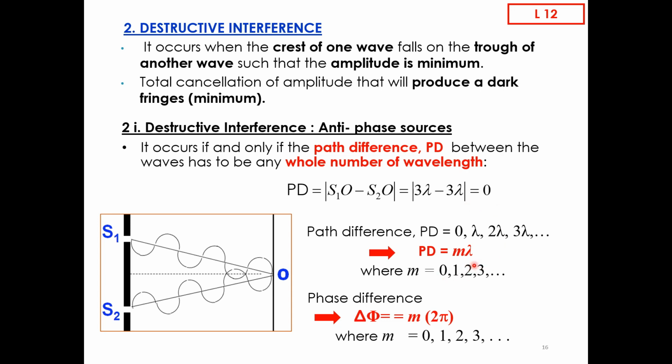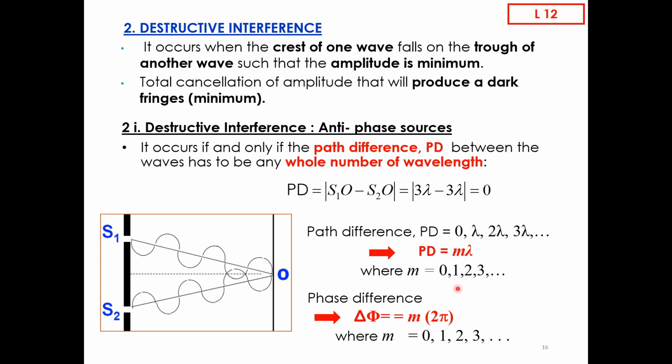The formula for path difference for destructive interference, antiphase source, equals m lambda, where the order starts with 0, 1, 2, 3 and so on. If m equals 0, we substitute 0 here, so our path difference becomes 0.